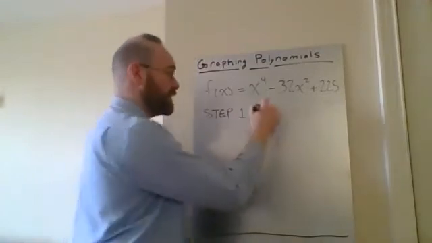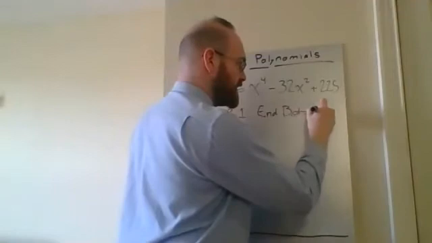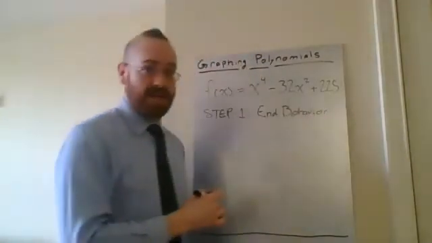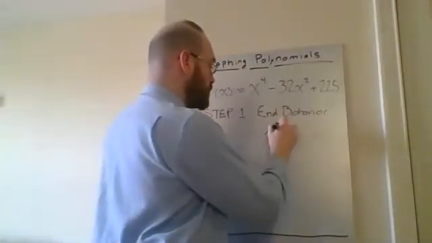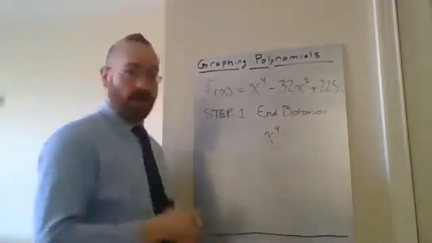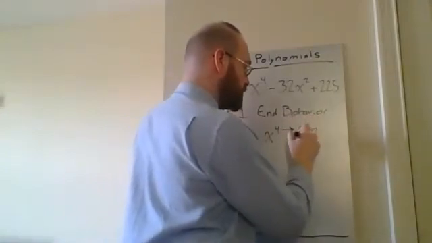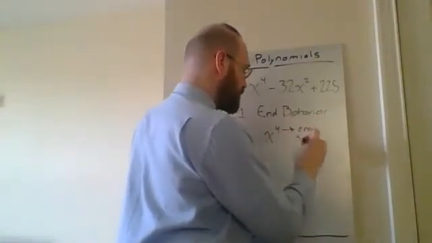Step one is end behavior. We can also think of this as using our leading term test. So our leading term is x to the fourth. As you hopefully have already deduced, if we have an even exponent, both sides are going to go in the same direction.